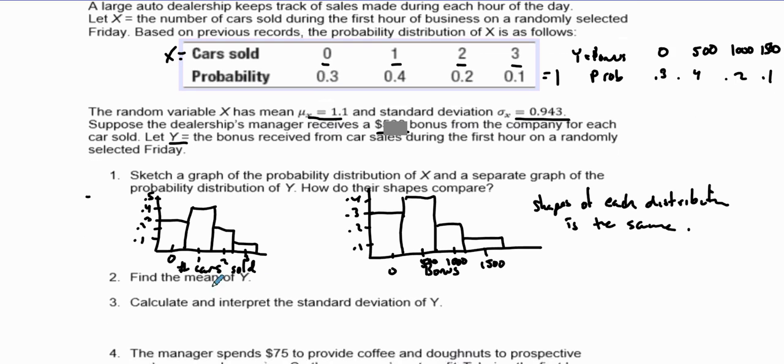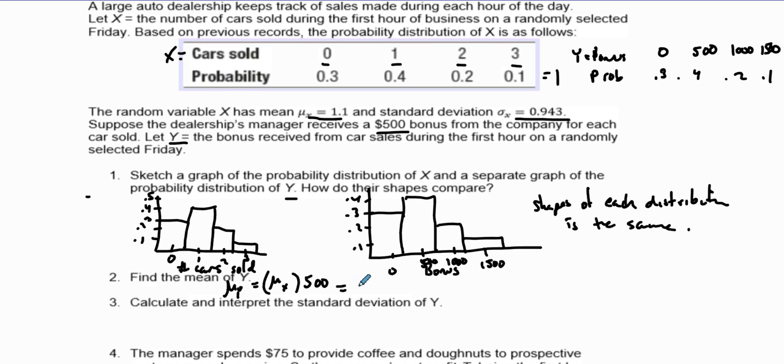Now, if we want to find the mean of y, how do we find the mean of y? If we know the mean is 1.1, this new mean is we're actually going to take 1.1 and multiply by 500. We multiply this by 500 because that's what we did, and that's going to give us our new mean for y.